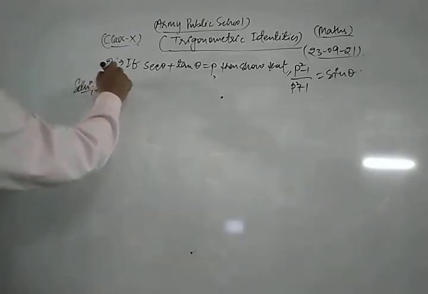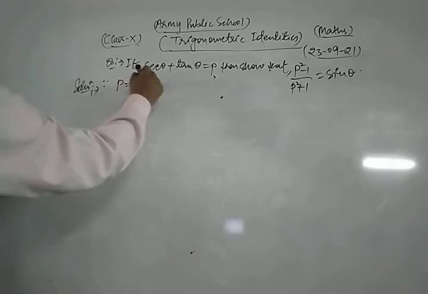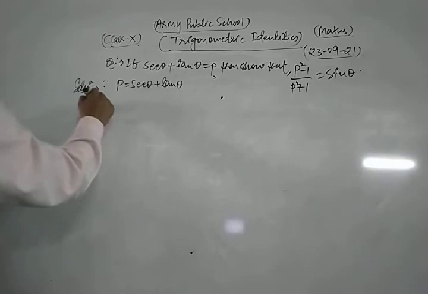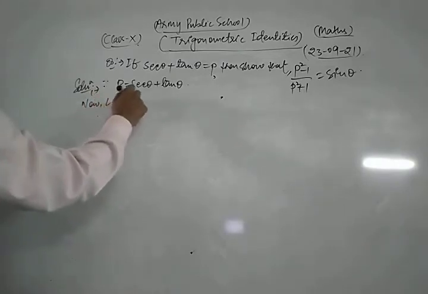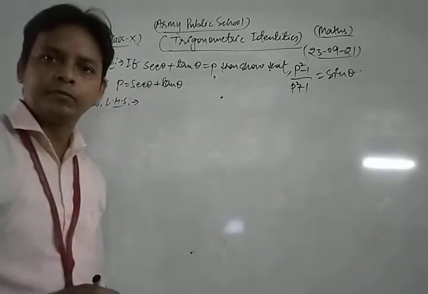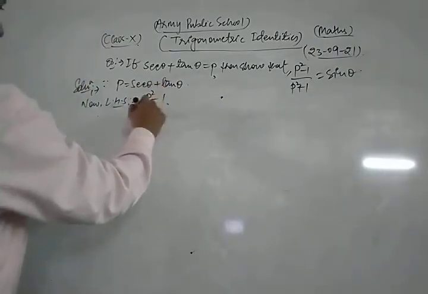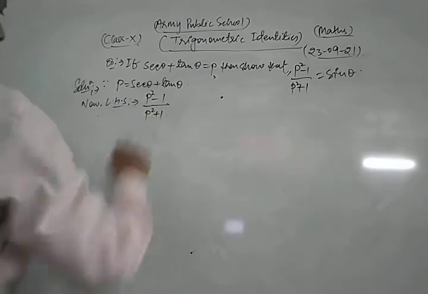So since the value of p is equal to sec theta plus tan theta, now we take the LHS, which is p square minus 1 upon p square plus 1.